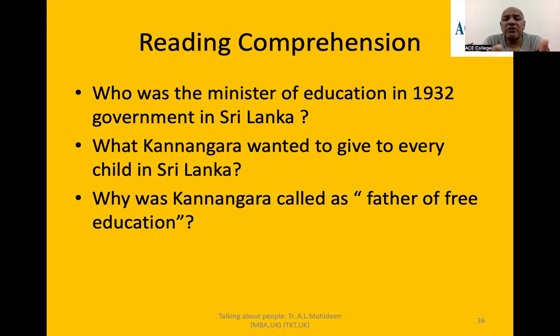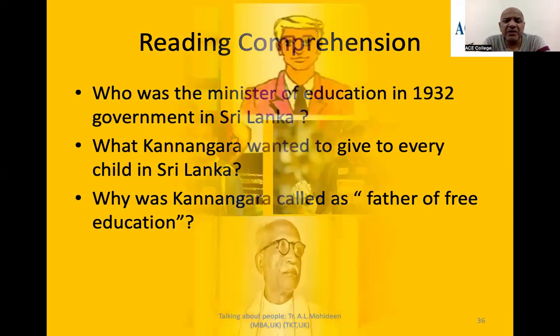So when he took office and became the Minister of Education in the British government, he wanted every child to learn, to provide opportunities for learning. So that's why he introduced free education. So that's why he is called the father of free education. So you bring some idea.